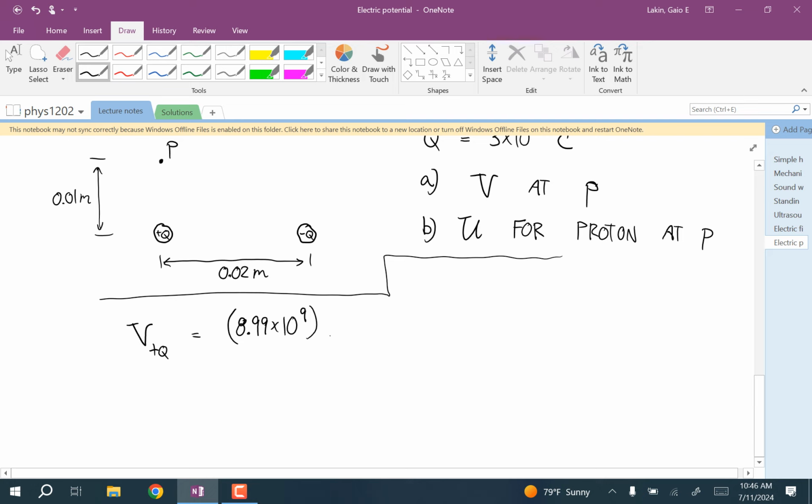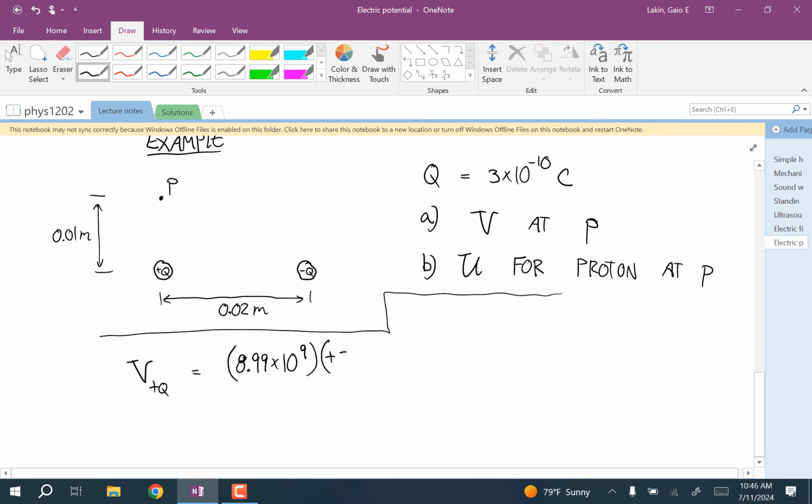It's not absolute value in this case, but that is a positive charge. So 3 times 10 to the minus 10, and then divided by the distance. And this time, remember, you don't square it.